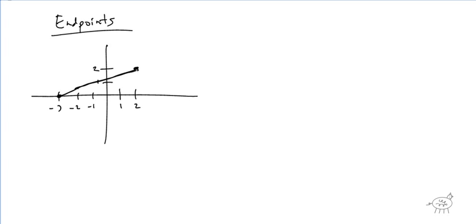Okay, so here's a nice friendly graph. And let's talk about that. How about the limit as x approaches -3?